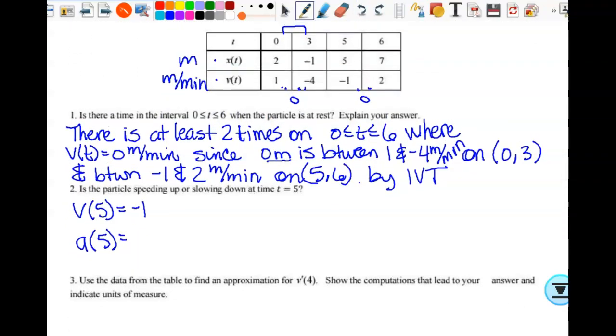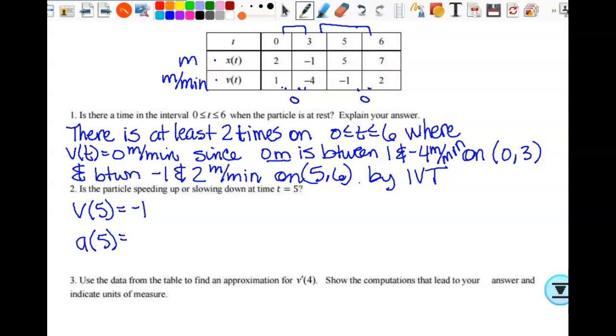I can find the average rate of change here. You agree with that? Okay. So in order for me to find the slope at 5, I can either go between 5 and 6, or 3 and 5, or 3 and 6. What do you want to do here? 3 and 6? Okay.